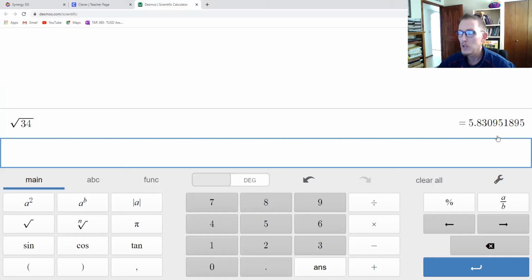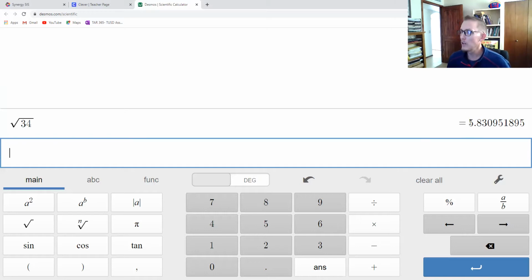So we're going to look at this decimal of 5.830951895, and we're going to round this. Depending on the directions, it'll tell you where you're supposed to round it. I'm going to have you round it to the tenths place, which is 1 decimal.